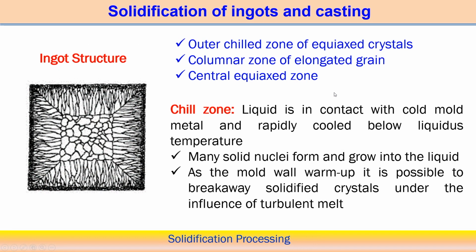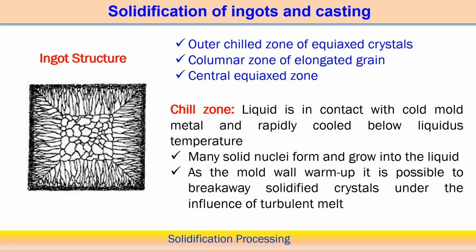Now here we are trying to describe the ingot structure, the typical cast structure. Here it is a little bit different: the outer chill zone of equiaxed crystals is near the mold wall, the most chilled zone. The next zone is the columnar zone of elongated grains, and then the central equiaxed zone.